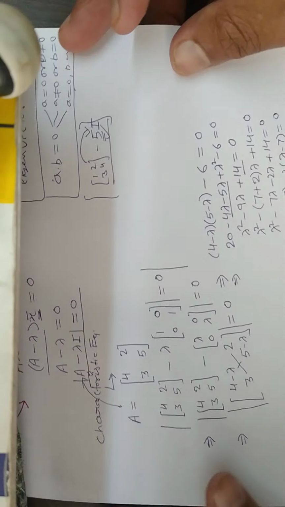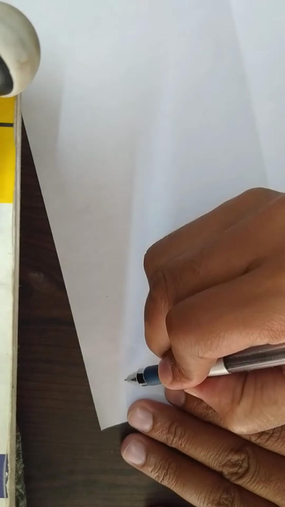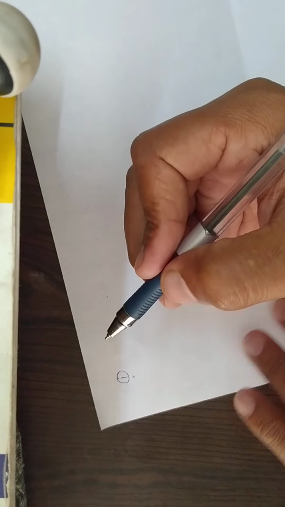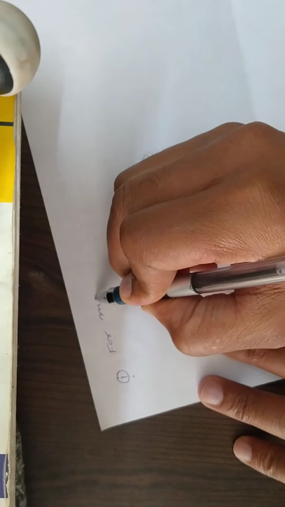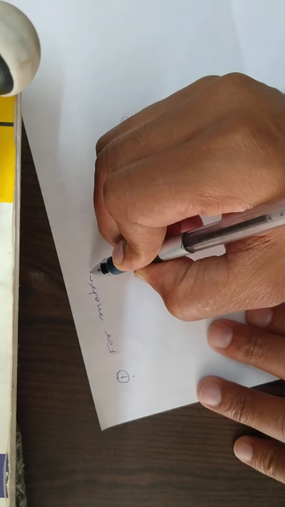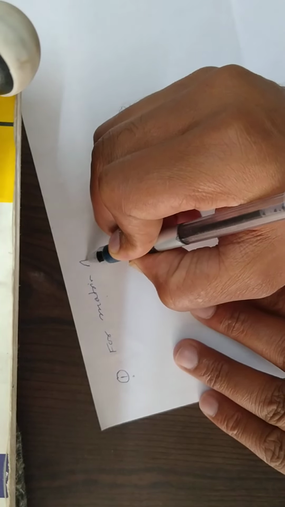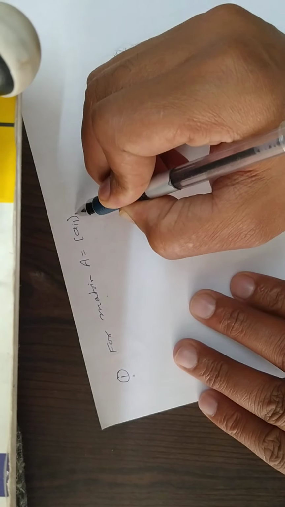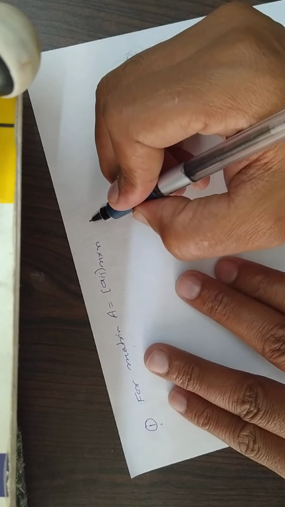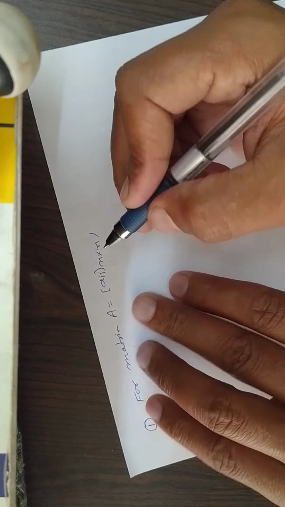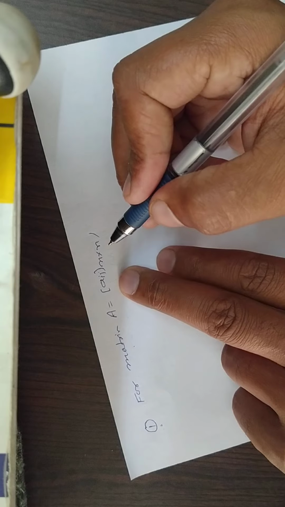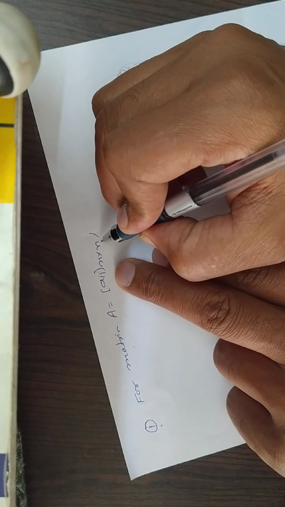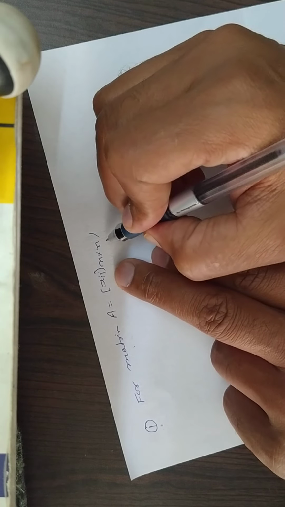Now we have some important properties of matrix algebra. First property: suppose that we have a matrix A equal to Aij of order n by n. For this matrix there are always n eigenvalues, or we can say that this matrix possesses n eigenvalues.